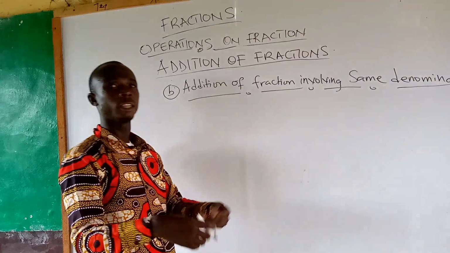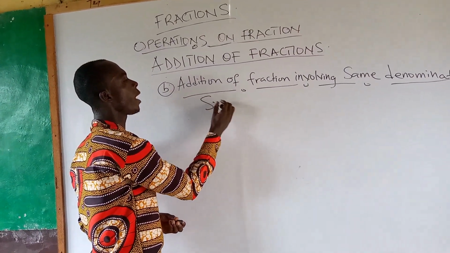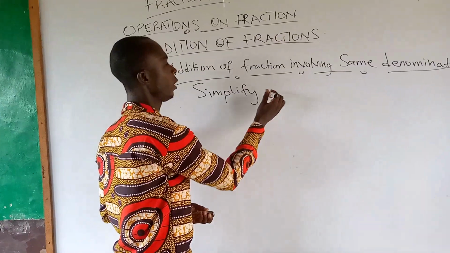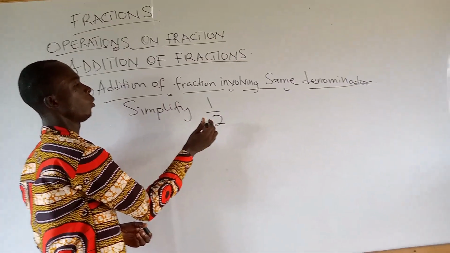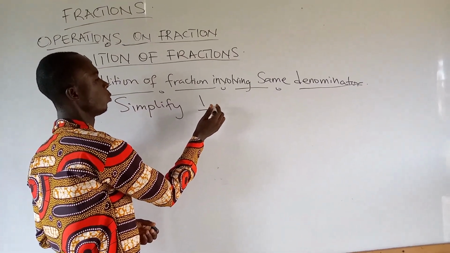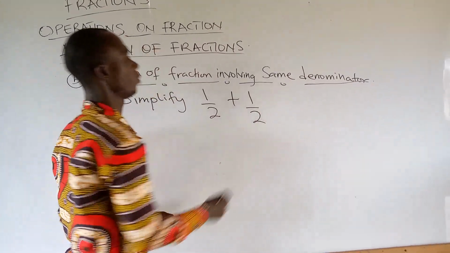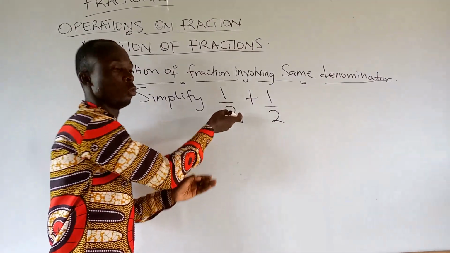So you may be given an example as simplify 1/2 plus 1/2. You see, we are having the same denominators as 2.